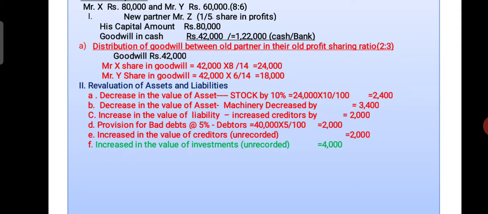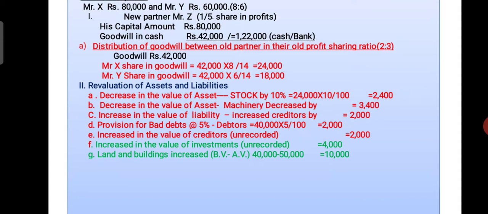Okay students, next, land and buildings valued at rupees 50,000. So market value, say here actual value 50,000, but the book value is 40,000. So there is a difference of 10,000 rupees, that is the increased amount.